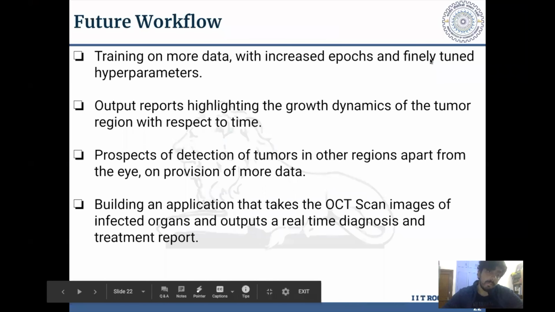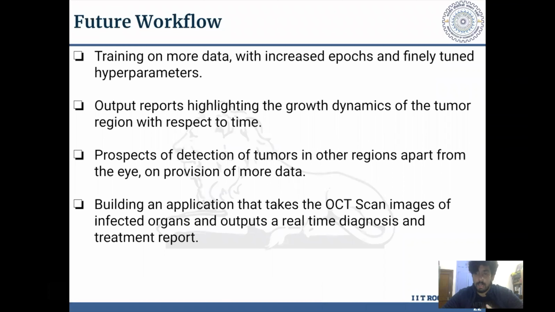Okay, so the future workflow, as we inferred in the previous slides on what we should be working on: we just performed experiments using a constant set of hyperparameters. The future workflow would be to tune the hyperparameters more efficiently so that the models perform better and better, train with more data, and increase the epochs as well to see what works best for us.